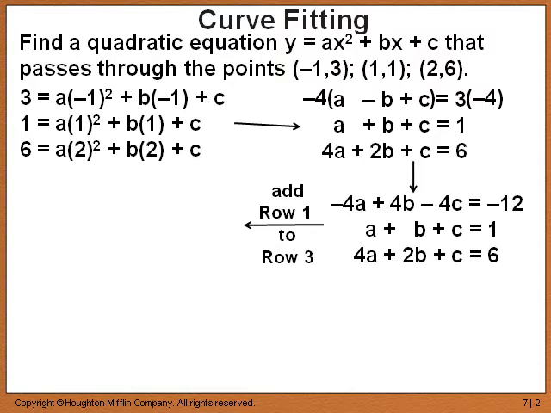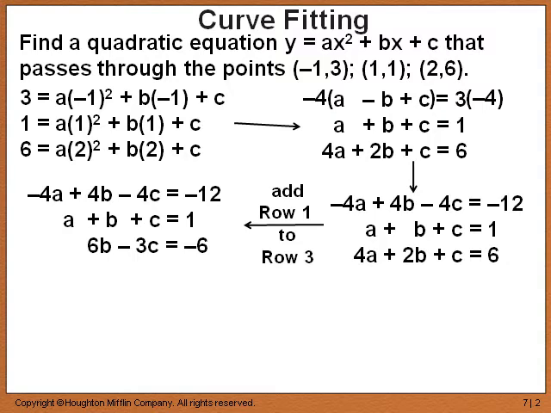Then we add row 1 to row 3 because we want to eliminate that a term. And we end up with -4a plus 4b minus 4c equals -12, a plus b plus c equals 1, 6b minus 3c equals -6.